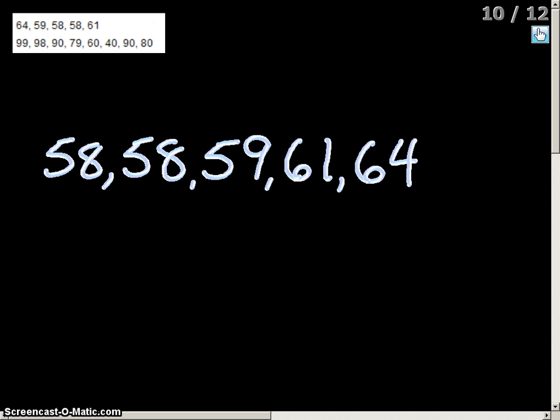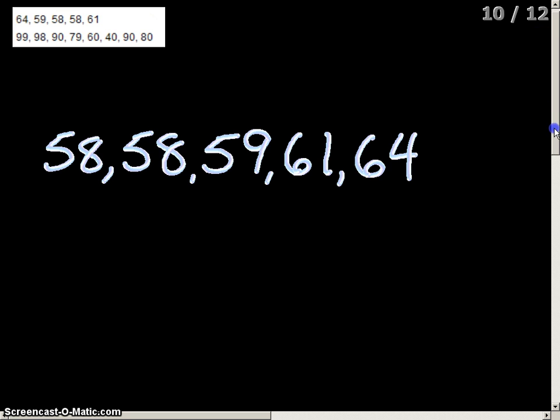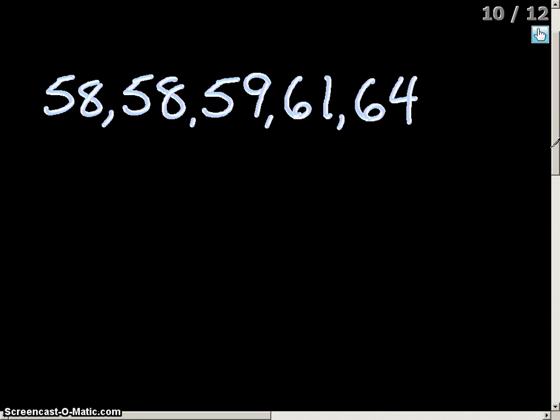Now in order to find the range, once again, I kind of skipped a step and I wrote the numbers in order from least to greatest. So whenever you write the numbers in order from least to greatest, it's very, very easy to see which one's the smallest and the biggest. So I have 58 and then I have 64. And so I'm going to take those two numbers and subtract them.